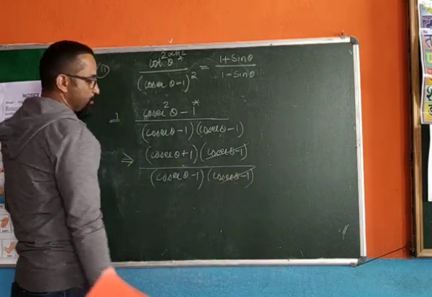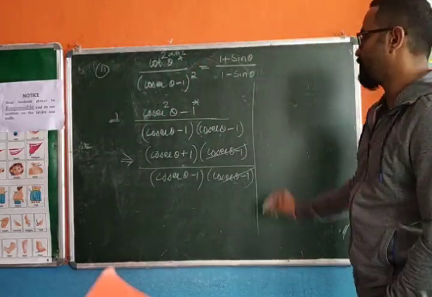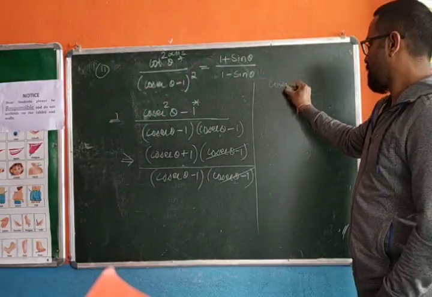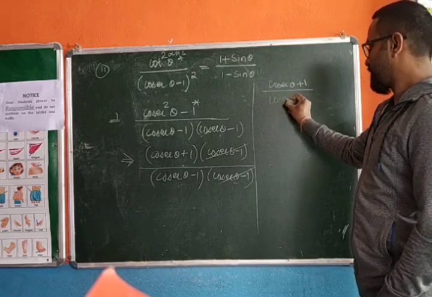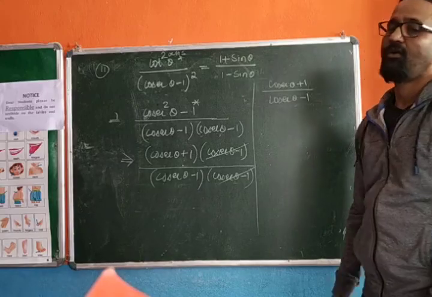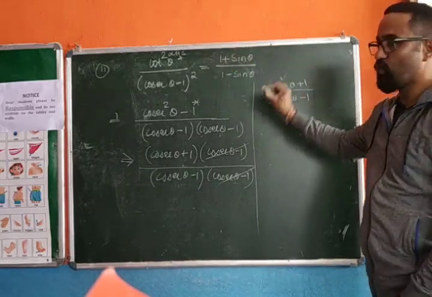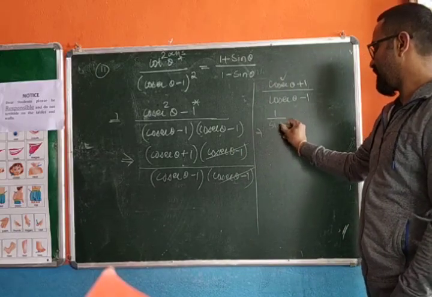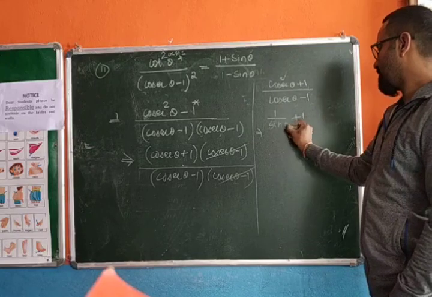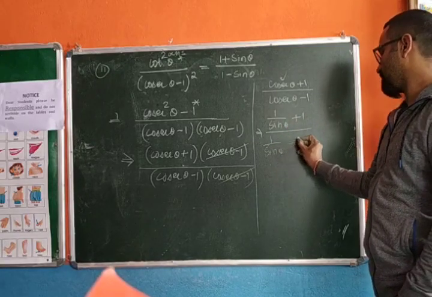Like terms you cancel. You are left with cosec theta plus 1 over cosec theta minus 1. On the right hand side you have to get sin now. So change cosec into sin. 1 divided by sin theta plus 1, 1 divided by sin theta minus 1.